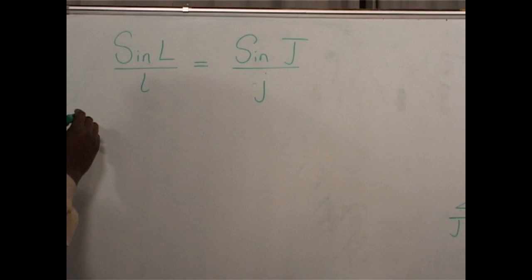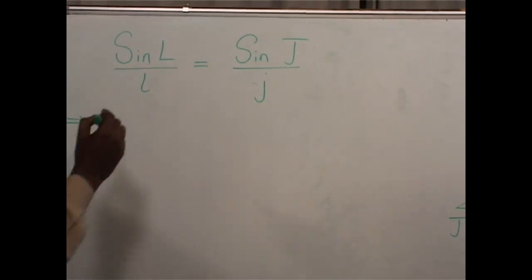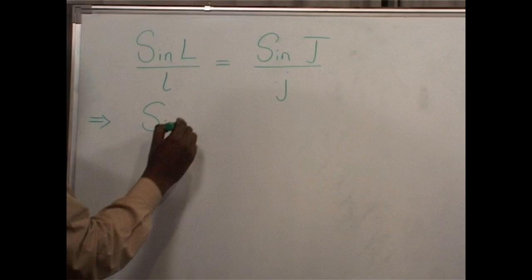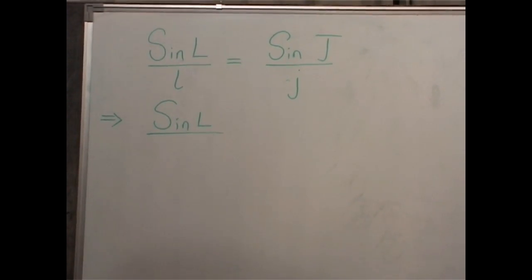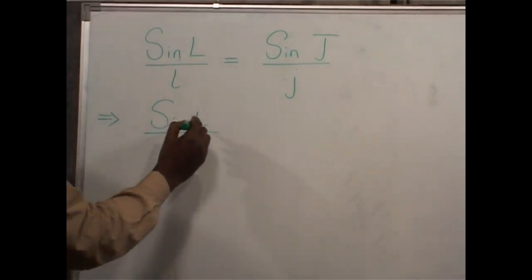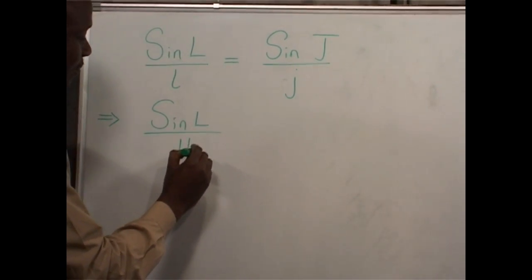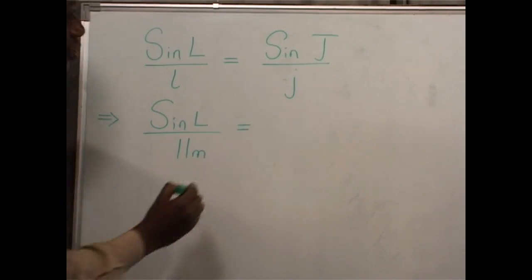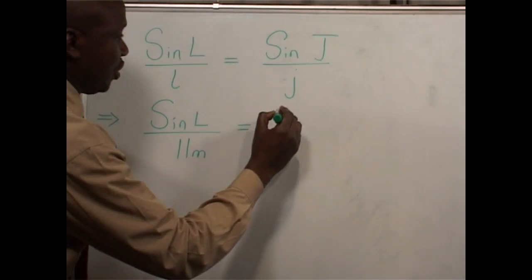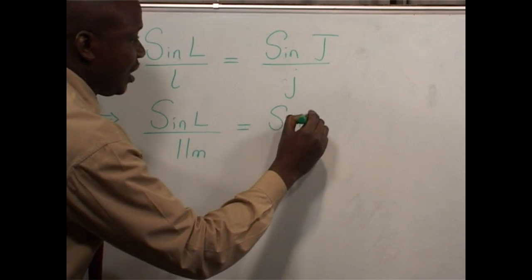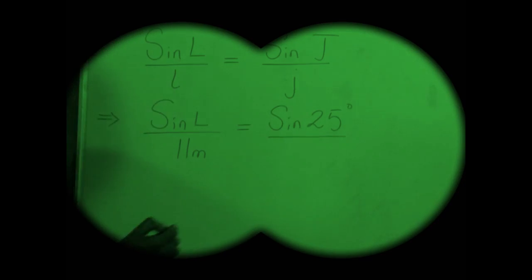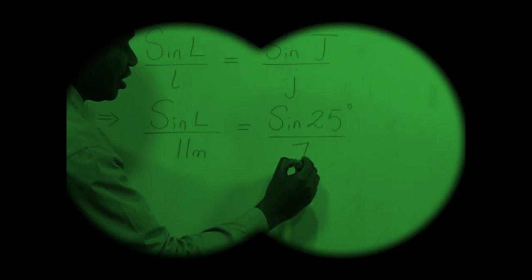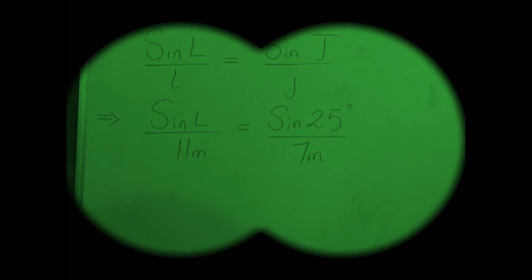Making the necessary substitutions will lead you into having the sine of L divided by the side opposite to the angle L, which is 11 meters, equal to the sine of the angle at J, which is 25 degrees, divided by the side opposite the angle 25, which is 7 meters.